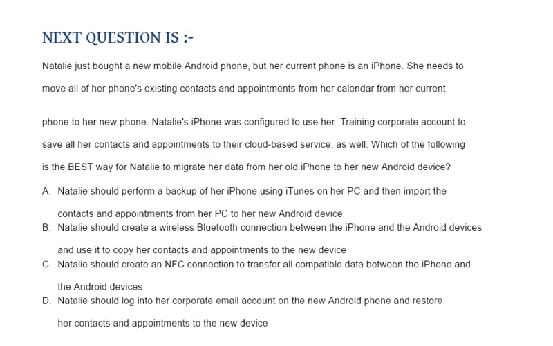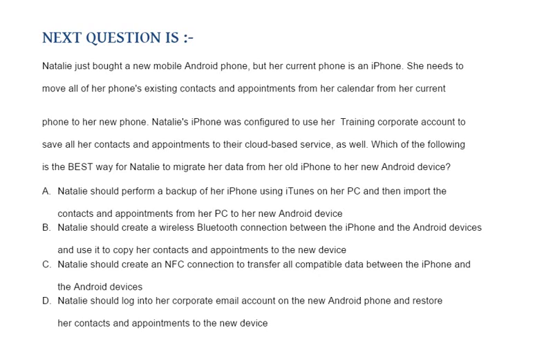Option A. Natalia should perform a backup of her iPhone using iTunes on her PC and then import the contacts and appointments from her PC to her new Android device. Option B. Natalia should create a wireless Bluetooth connection between the iPhone and the Android device and use it to copy her contacts and appointments to the new device.